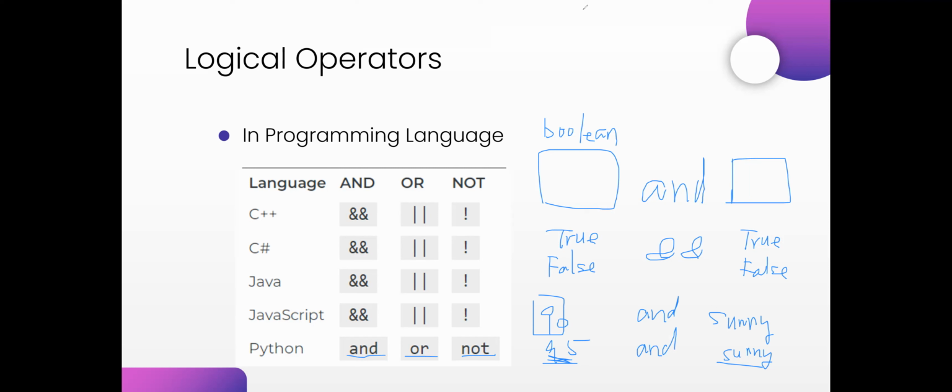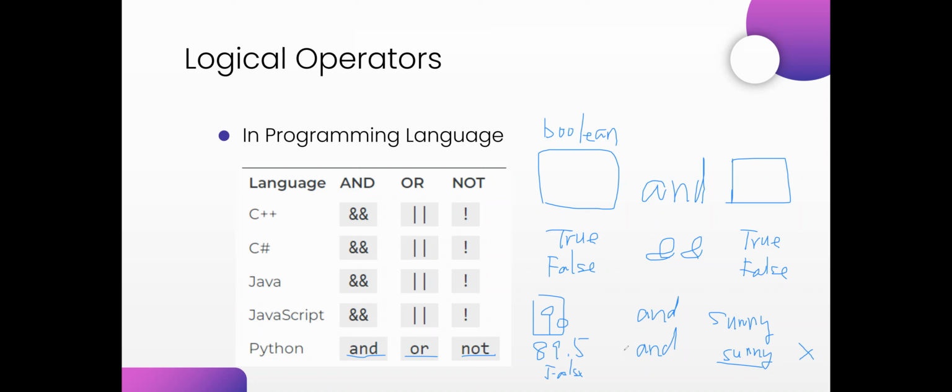So how about this? You got 89.5, and tomorrow is a sunny day. Can you go out to play? No, sorry, you didn't satisfy this condition. You got 89.5, so this is false, right? And this is true.